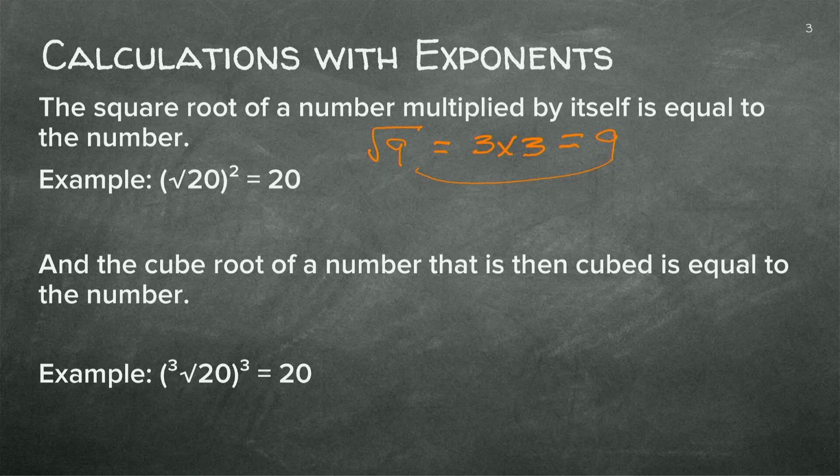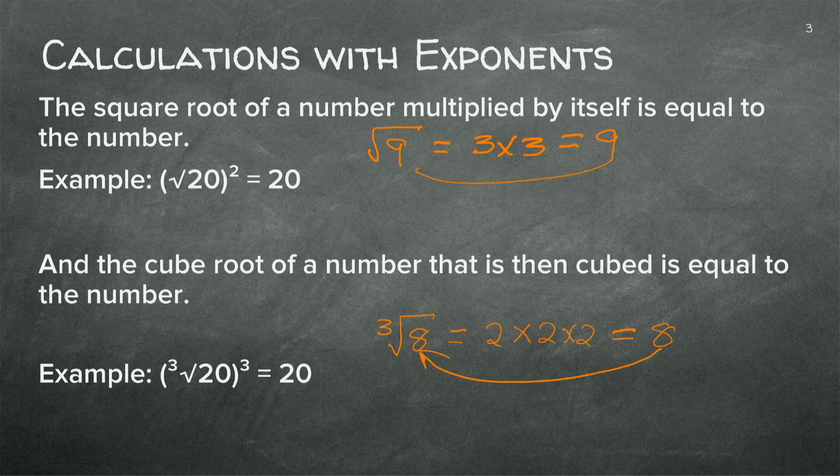And the same on the cube root, okay? So say, for example, we do the cube root of 8, and we know that is 2. And then, if we multiply that twice, it's equal to the number.